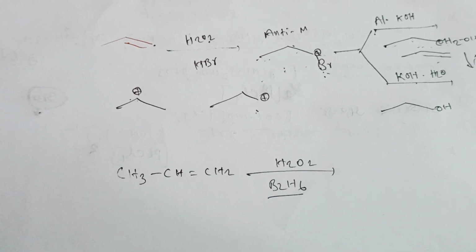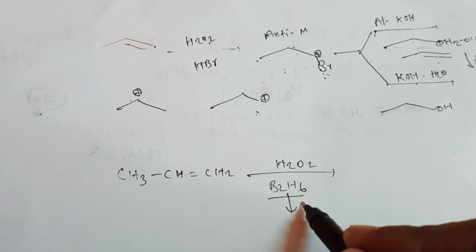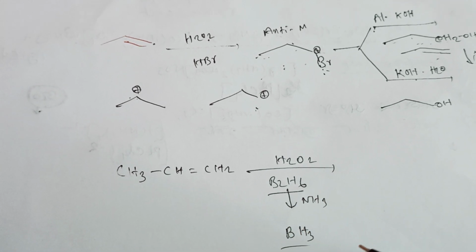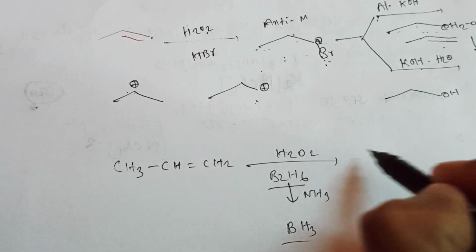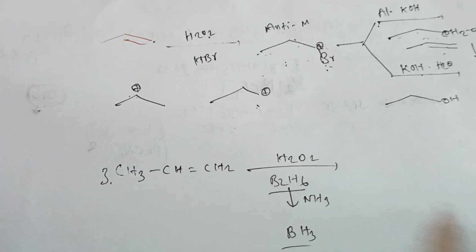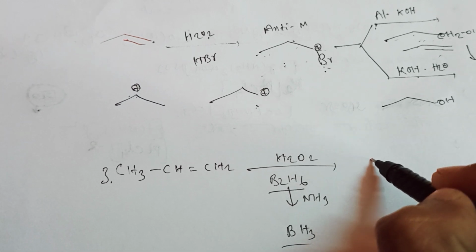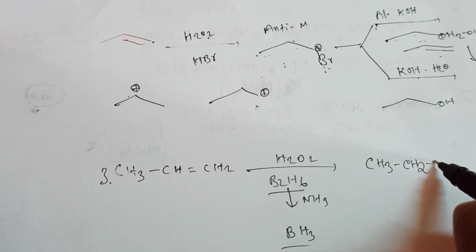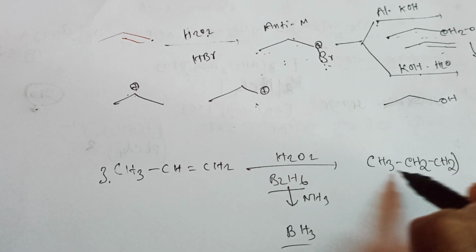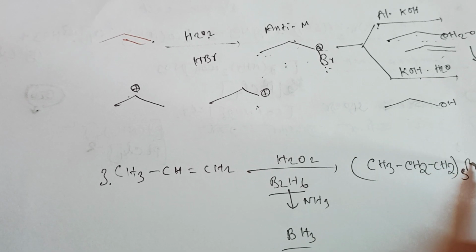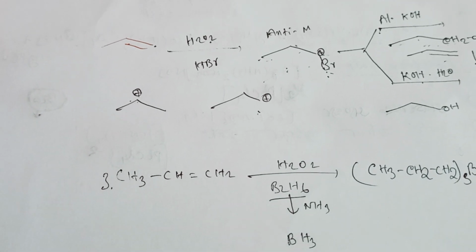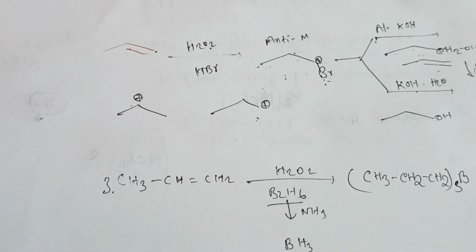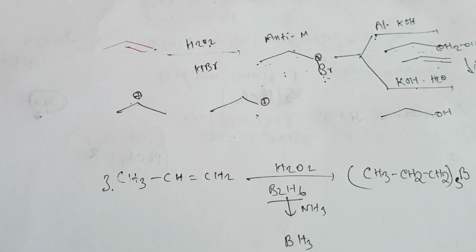B2H6 is diborane, and it forms BH3. BH3 has 3 bonds, that's why it reacts with 3 molecules of CH3CH=CH2 and forms (CH3CH2CH2)3B. This follows an anti-Markovnikov reaction.